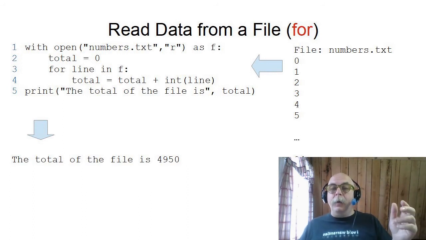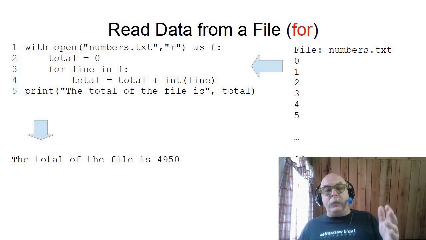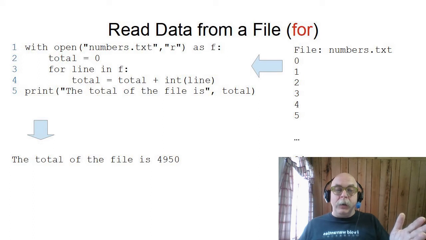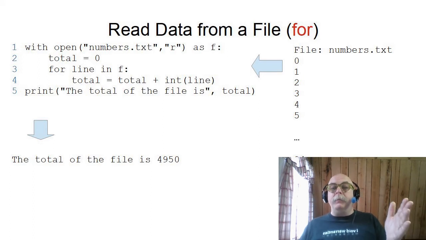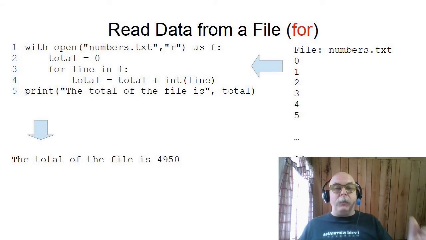It doesn't matter. And on line 5, we step out of the suite, close the file because we no longer need it, and step out of the context manager and print out the total. And you can see that the total of the numbers 0 to 99 is 4,950 because we read it from the file.